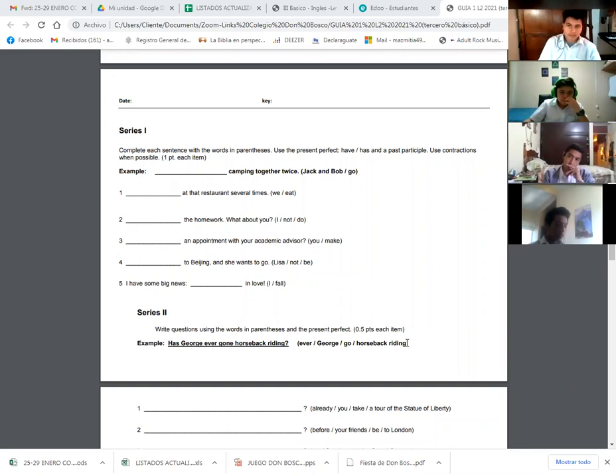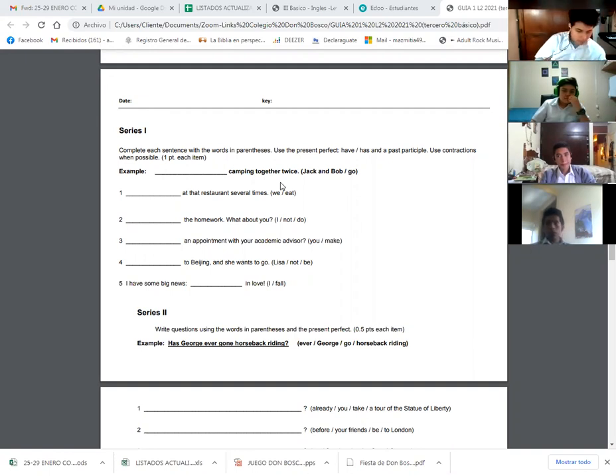So you know that the first example that we saw here is example series 1, okay? It says camping together twice. We're going to review this one more time, just to make sure that you all understand what you're seeing.